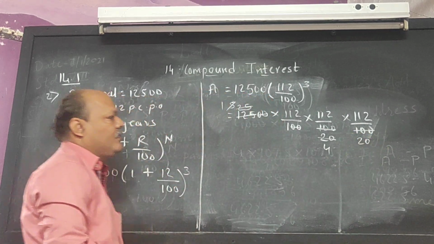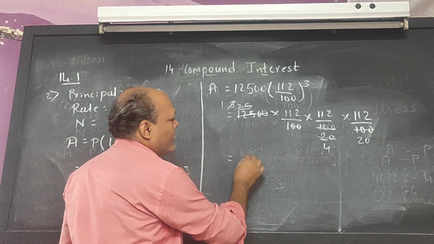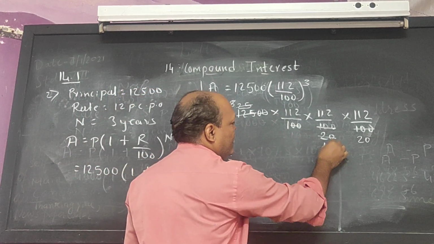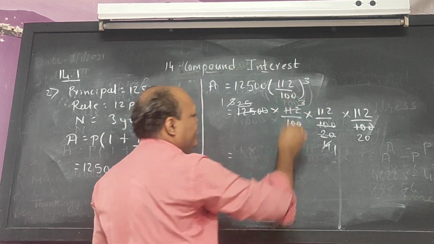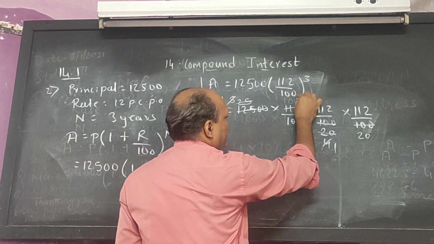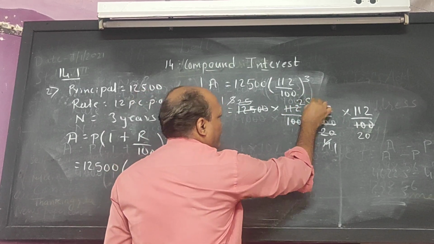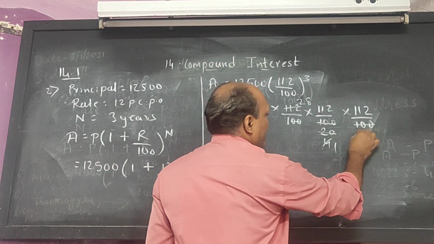I hope all of you understood here. Is that clear? Now we can cancel this also. 4 ones are 4, 4 threes are, 4 twos are 28. Now it will cancel by 2, 2 cancel.